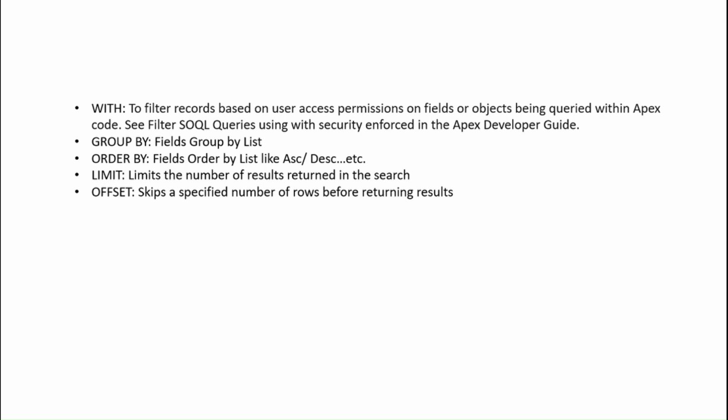For example, we take the account object. In that account object we need industry grouped, and we need total records, like in that industry we have energy or education or mechanical, whatever industry values we have, we need the industry values grouped by. Okay. So I need only industry group by values. And then order by also.